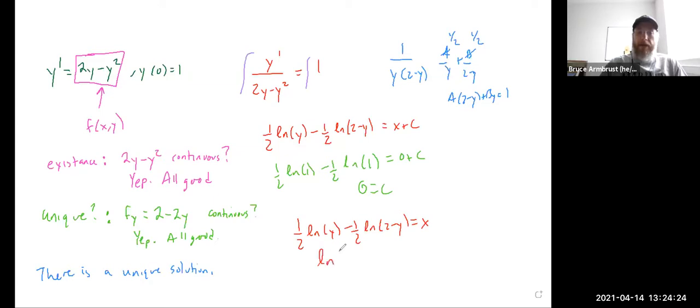You can combine these logs, multiply the 2 to the other side, then exponentiate. And then if we do a little bit more algebra real fast, we're going to get y equals 2e to the 2x minus y e to the 2x.